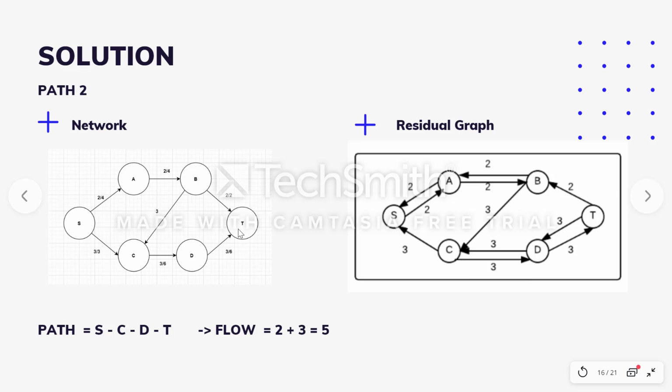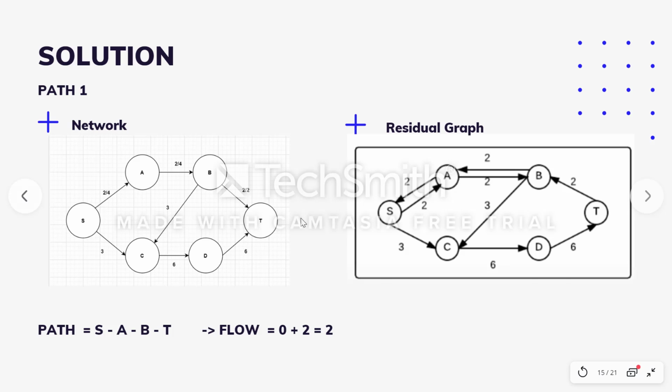As you can see here, there is only one edge connected directly to T, which is D, which has the value of 6, and to D there is only one edge connected directly, which is C, and the value is 6.